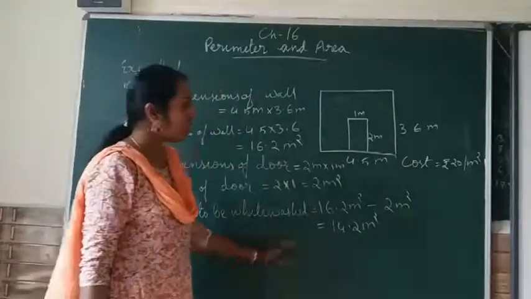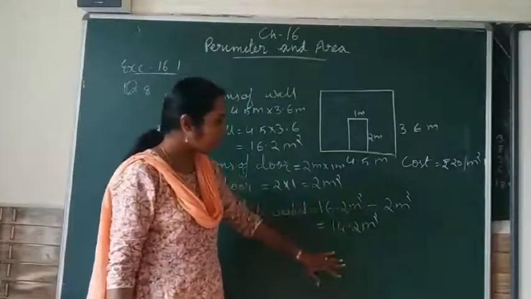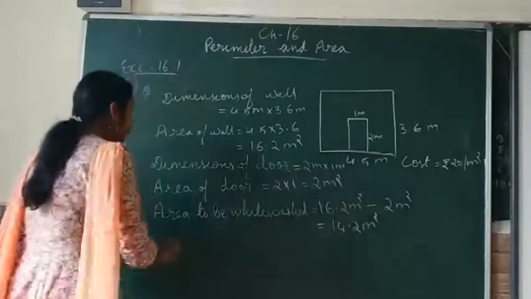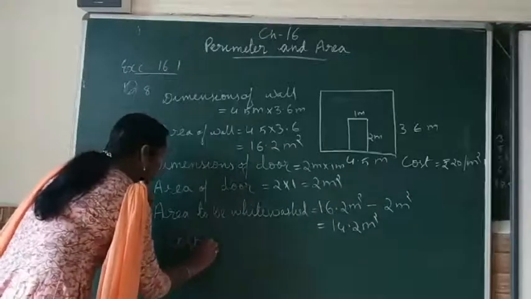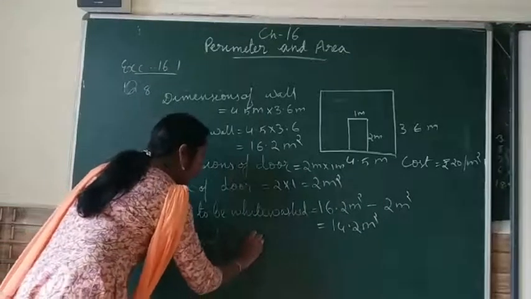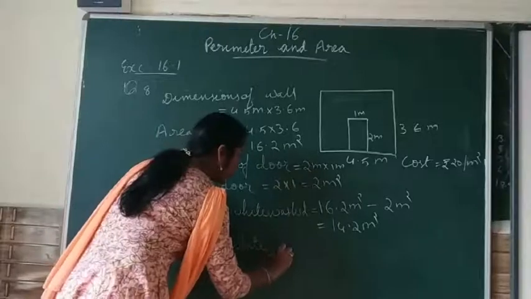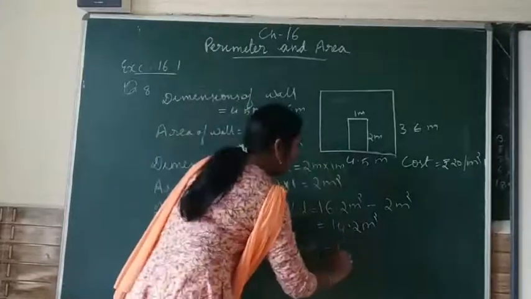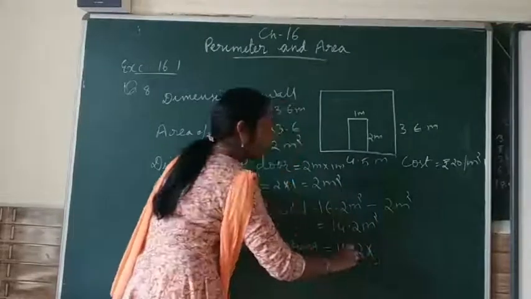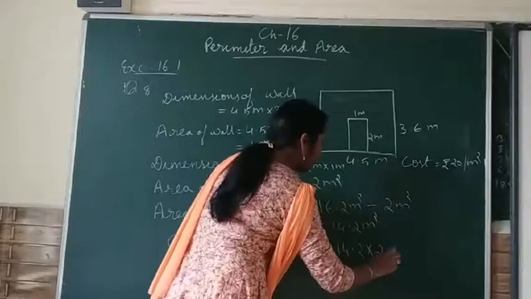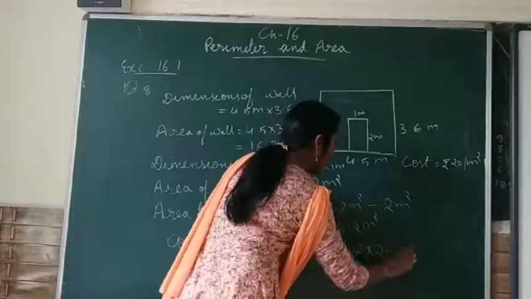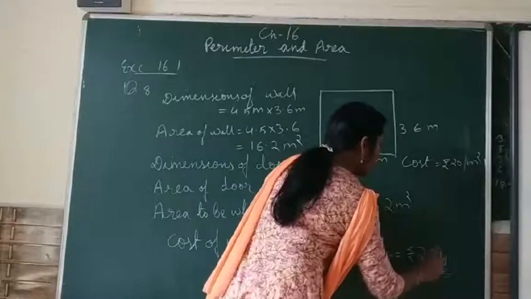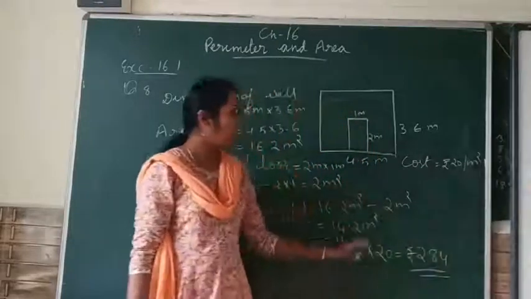So the cost of whitewashing that much of area we can obtain by multiplying total area into 20. Cost of whitewashing is equal to 14.2 into 20 is equal to ₹284. So this is the total cost of whitewashing the wall.